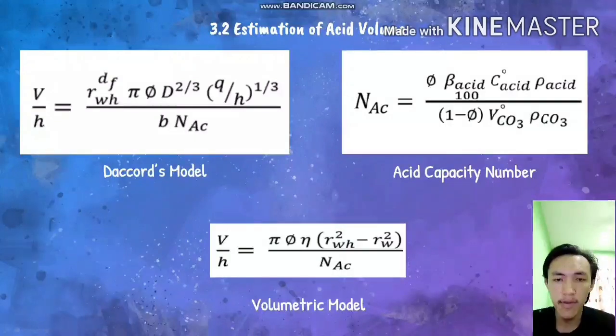After that, it will be divided by the acid capacity number times the constant of the equation.